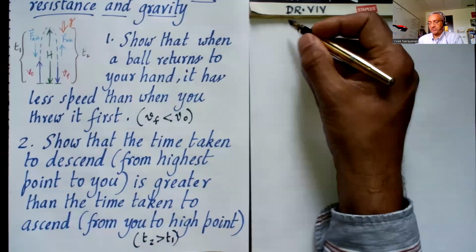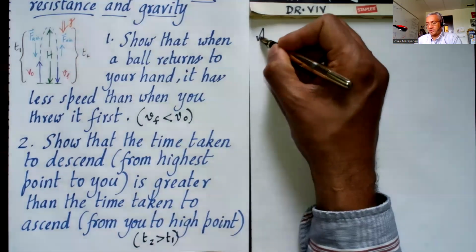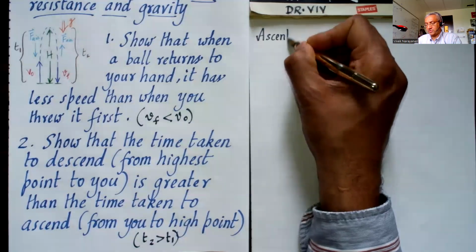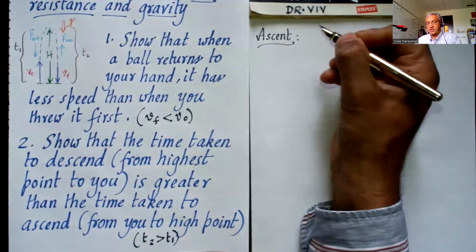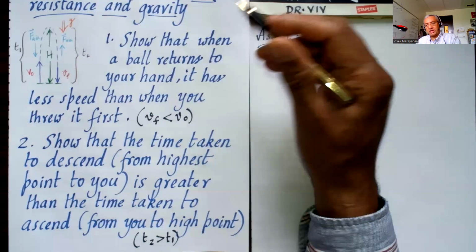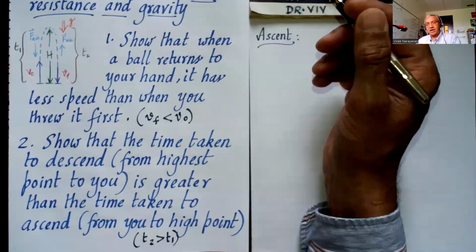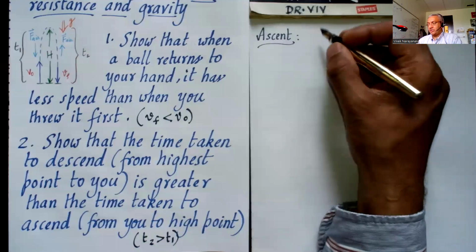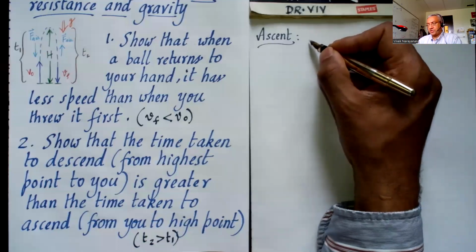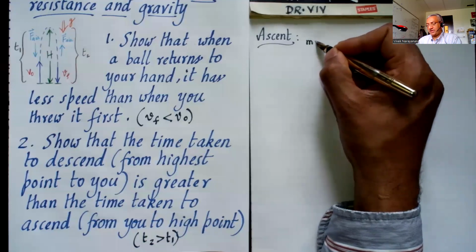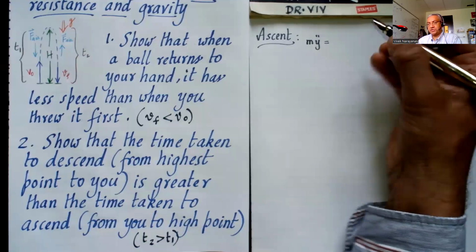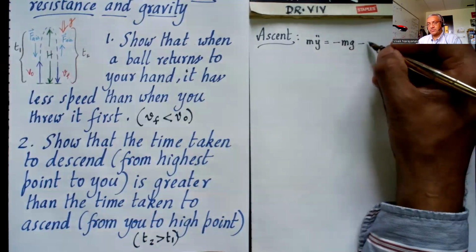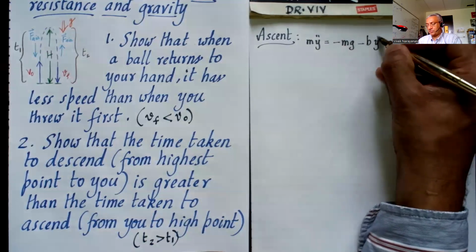Let's talk about the phase of going up, or the ascent. Quadratic air resistance means that the object is acted on by the square of the velocity. So the equation of motion is going to be mass times acceleration is equal to negative mg negative b times y dot squared.